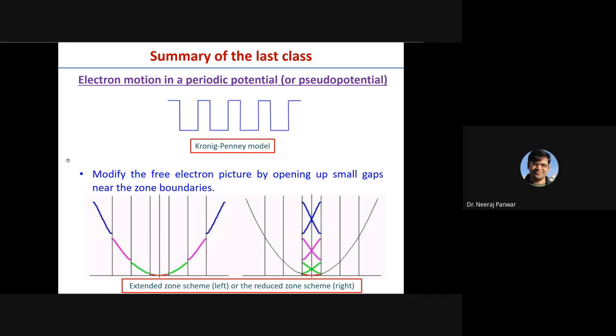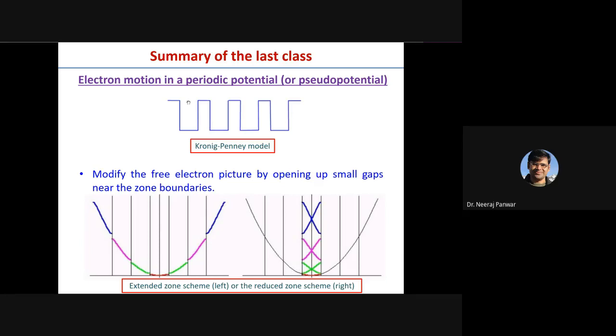So we saw the shape of the periodic potential, and then we discussed one of the very famous models, named the Kronig-Penney model, in which the periodic potential was considered to be of a square well form. As you can see from the figure, there are square wells, and two neighboring square wells are separated from each other by a potential barrier.